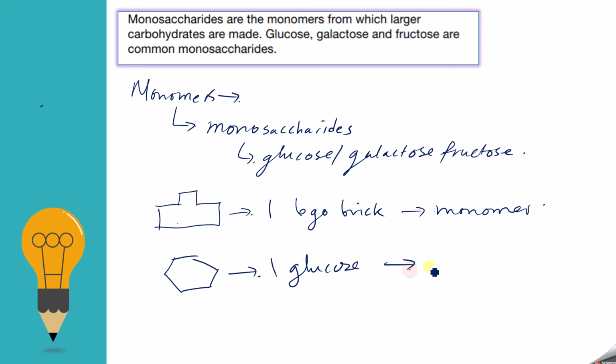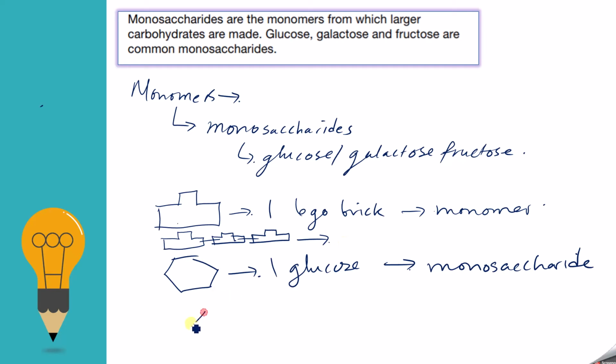This is a monosaccharide. Join these Lego bricks together and we get a chain. So joined by, let's say, a bond. Well, in reality there isn't a bond between Lego bricks, but just imagine one. So we get a chain of Lego bricks.